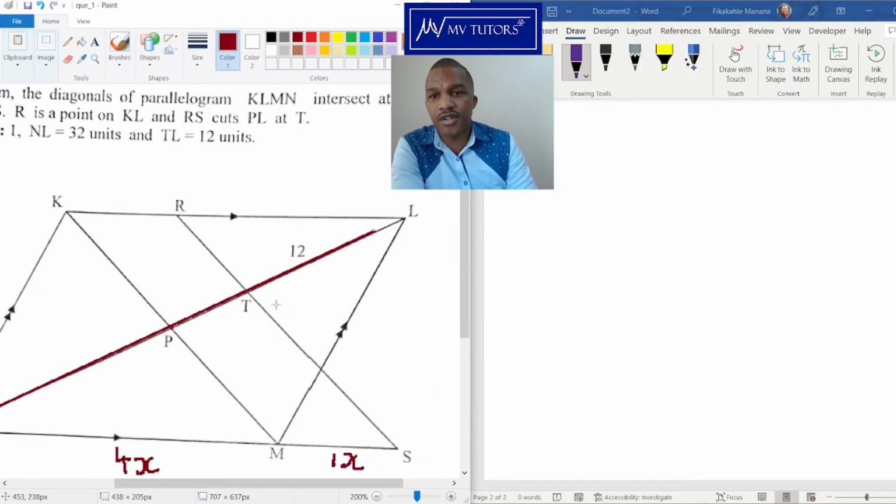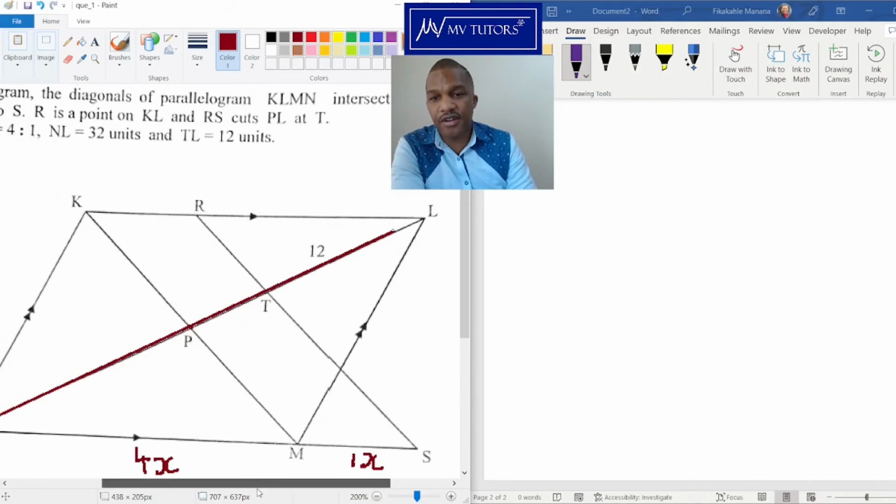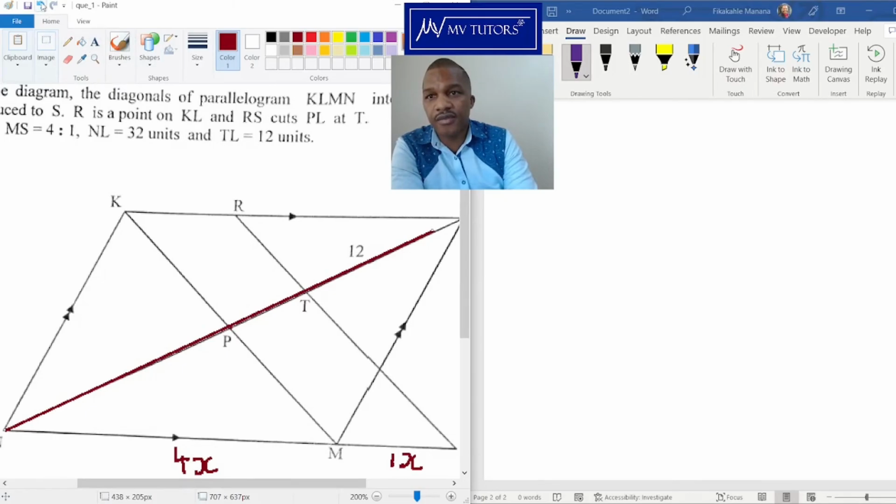Yeah, that's 32 units. And remember, they bisect each other, which means NP equals PL. If NL is 32, NP is 32 divided by 2, which is half of 32, so 16 each.